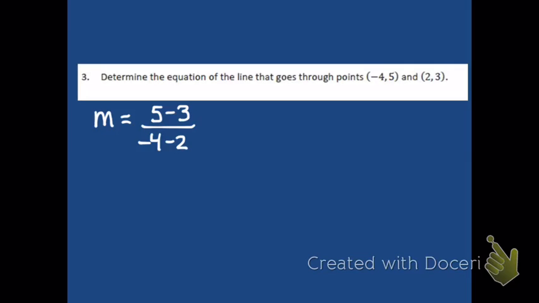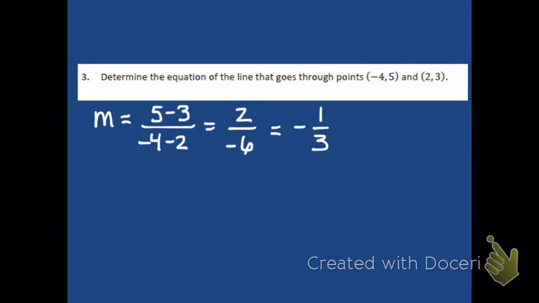So I've got 5 minus 3 divided by -4 minus 2. And if I do the math, I get 5 minus 3 is 2. -4 minus 2 is -6. And that simplifies to a -1/3.